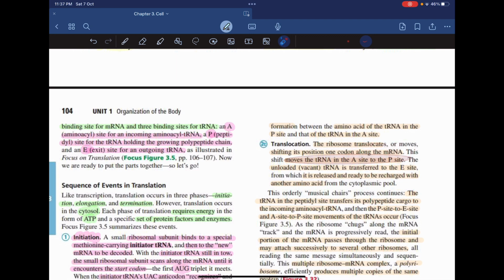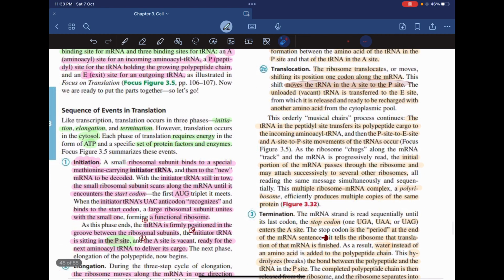The unloaded tRNA is transferred to the E site, which is the one that is going to be released. It's released from the E site and ready to be recharged with another amino acid. This process continues.